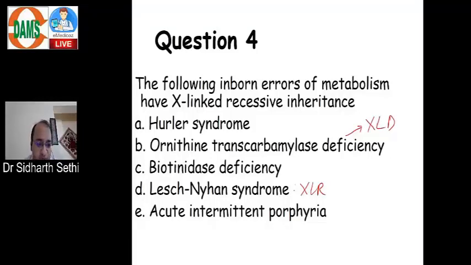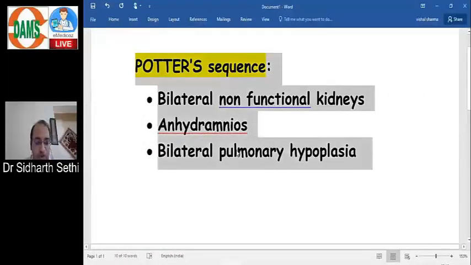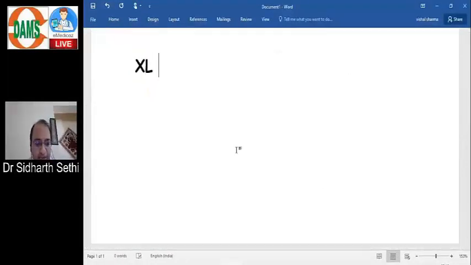So that's very important. You should know about some X-linked recessive disorders and also the X-linked dominant disorders. Let me talk to you about some X-linked recessive disorders which are very important. For example, in your last NEET PG, they asked you about a triad of eczema, thrombocytopenia and immunodeficiency.